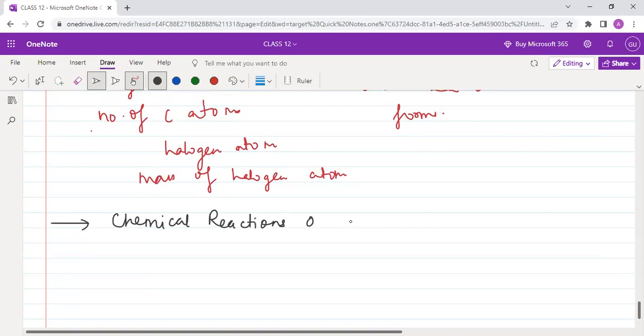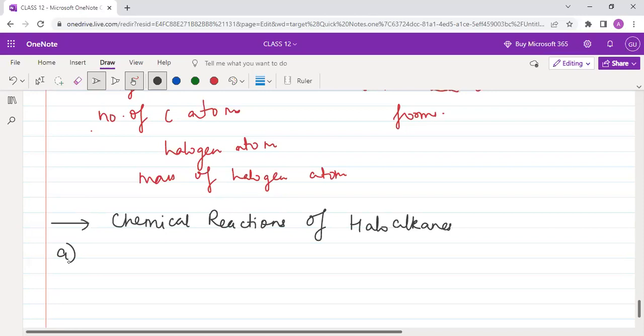So, chemical reactions of haloalkanes. Do you remember the type of reactions which haloalkanes show? Yeah, it's nucleophilic substitution. Yes. And elimination reactions. Yes.